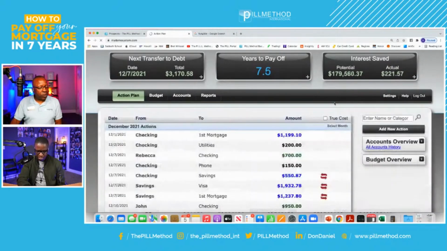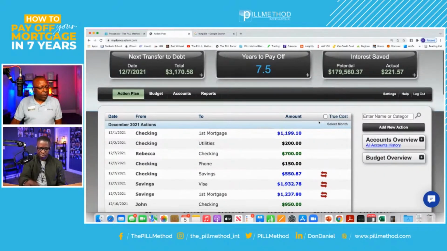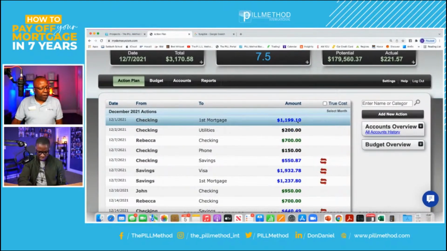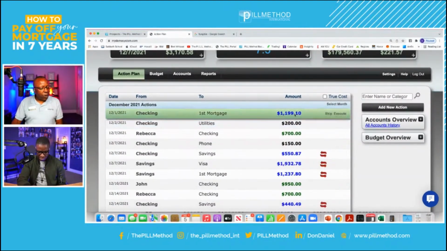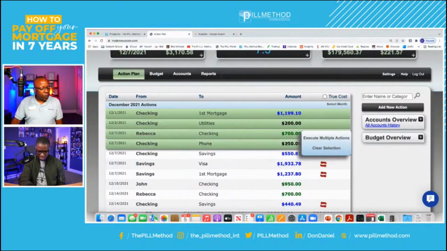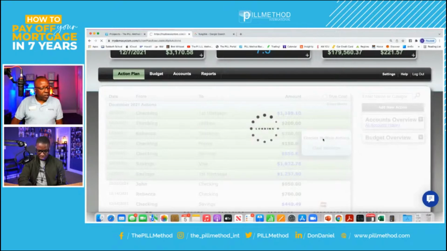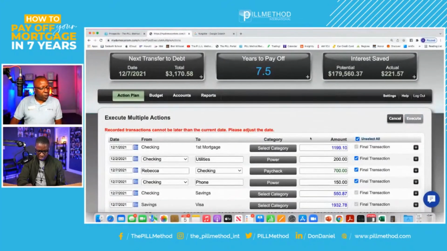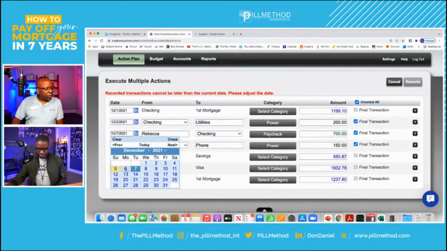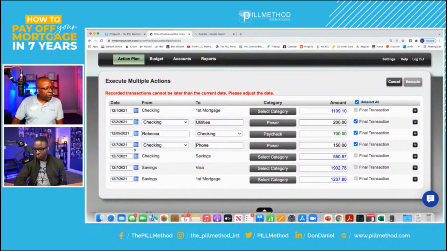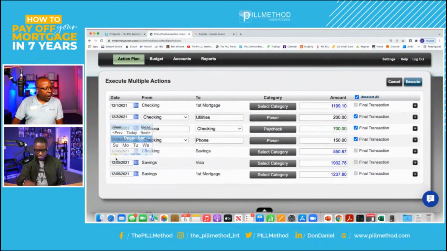Now we're down to $221.57. All right. And we're at 7.5. But now here comes the big deal here. We are now going to just click on these few where we're actually putting money on the debt. We're going to click execute, tell the program this is what we want to do. So we have to change this to the 5th at least, because the program won't go past that. All right. And there we are.